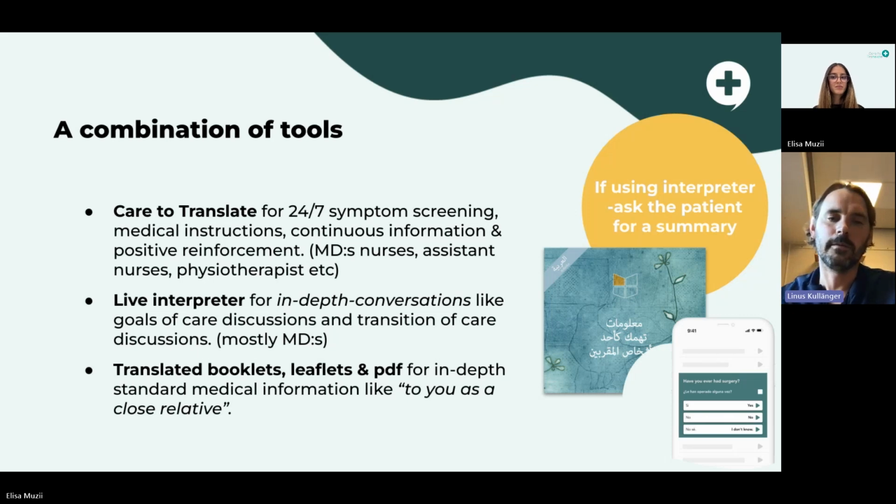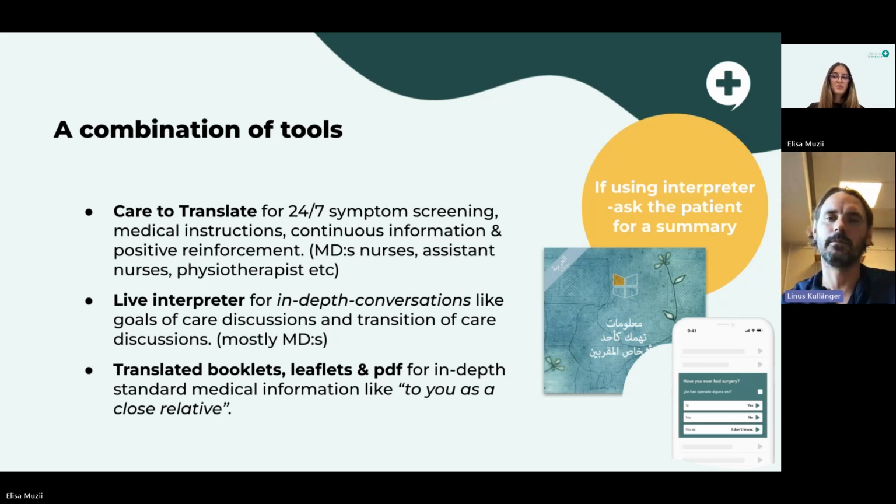But one thing is very important when we use live interpreters: in the end, always ask the patient for a summary. For example, in Sweden, there are so few interpreters that are medically trained.